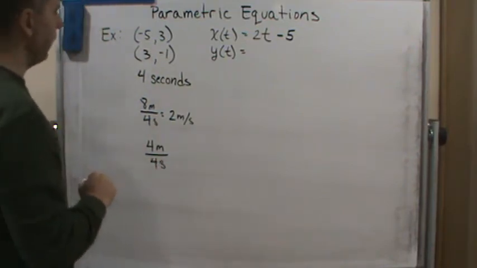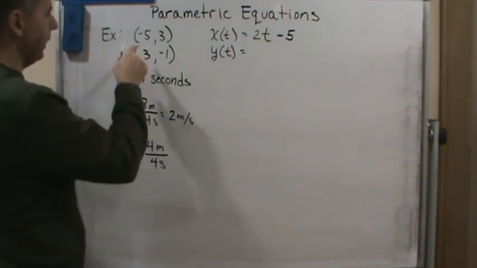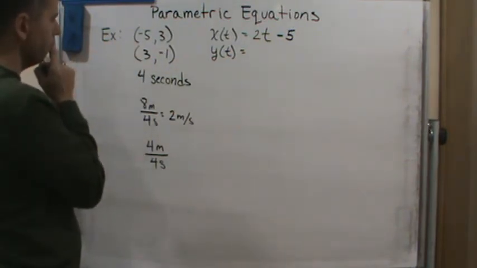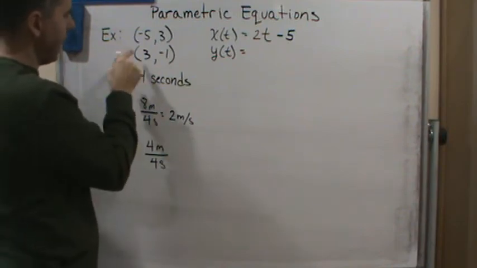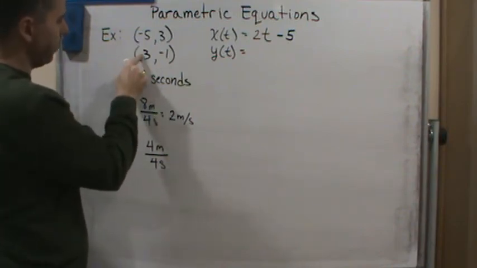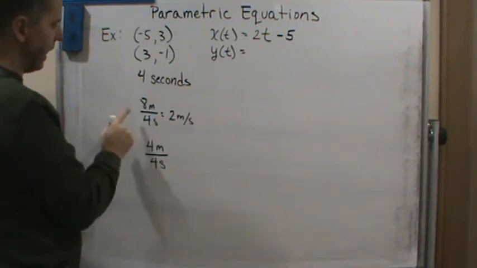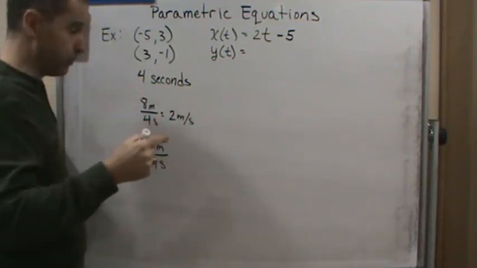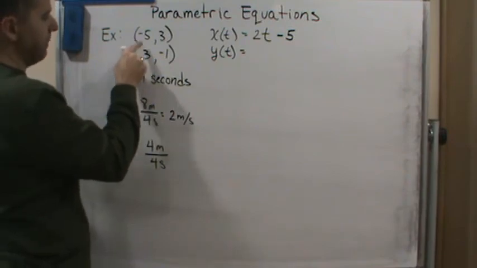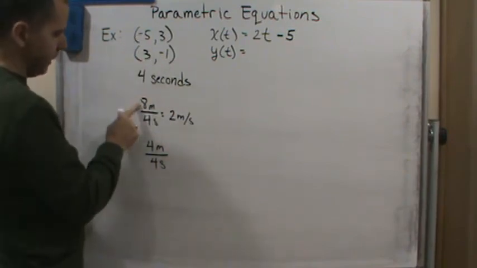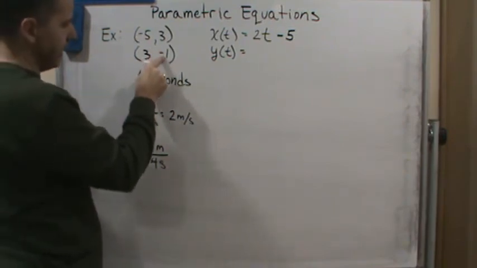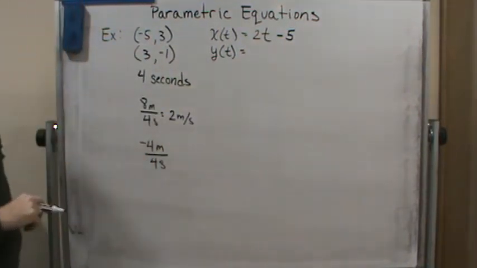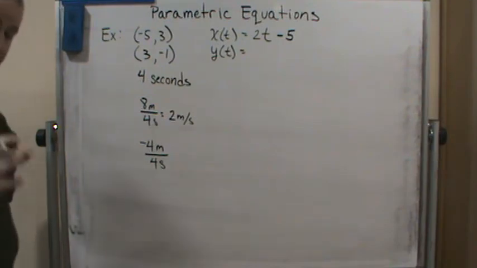Oh, by the way, in x we did 3 minus -5, which gives us 8. Remember we have to do it in the same direction, so in this case you take -1 minus 3, which gives you -4, because the sign matters.